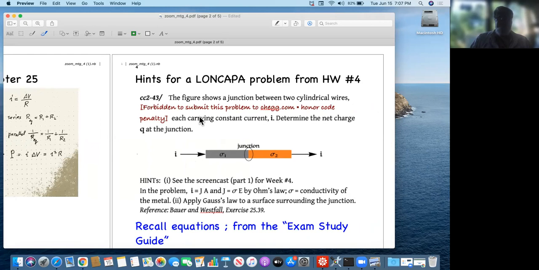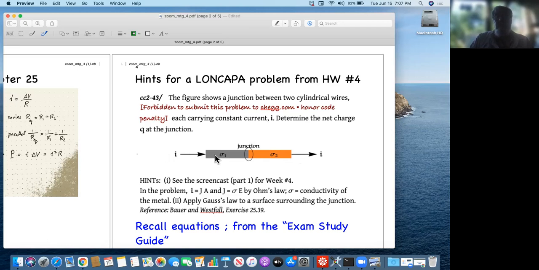This is the problem. You have a wire, and half of it is made of a metal with conductivity sigma 1. The other half of it is made of a wire with conductivity sigma 2. There's this junction where the two parts are soldered together. Current comes in one end, goes out the other end, an equal amount of current.